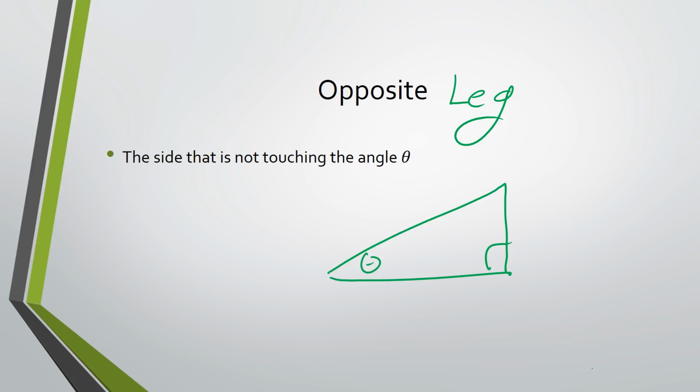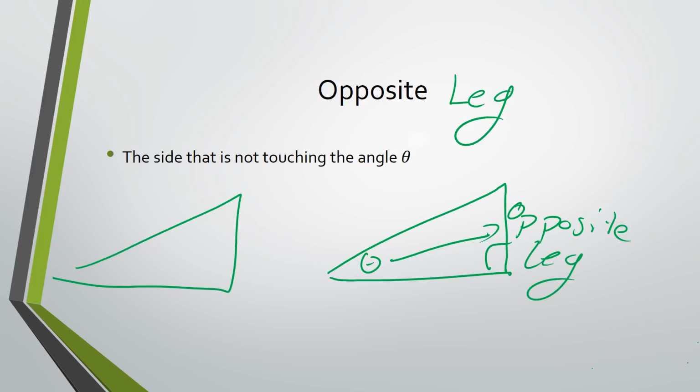So again, any angle, it could be this angle, it could be that angle, it doesn't matter which one, but it's always going to be the one opposite of it. So it's not going to be touching theta. So this would be the opposite leg. Again, it could be either one, so if theta was up here, it would again be the one opposite, so it would be the opposite leg.